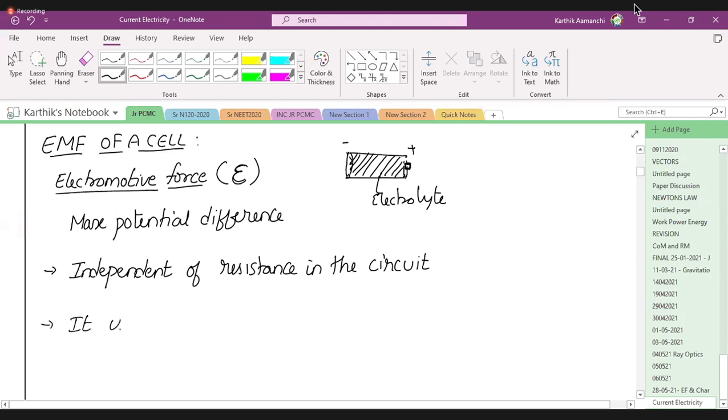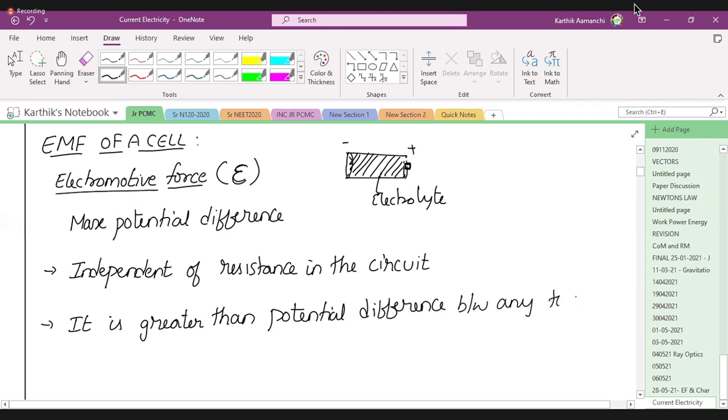It is greater than the potential difference between any two points in the circuit. It is always greater than the potential difference.